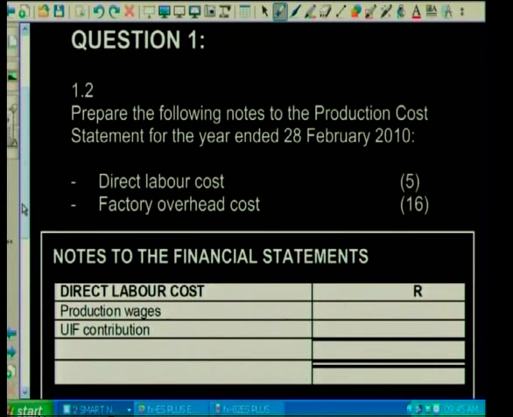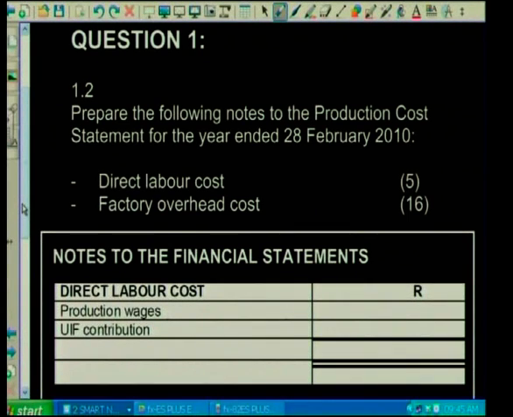In order to calculate our direct labor cost, remember guys, this refers to the wages that were paid to your factory workers, as well as any other expenses relating to the factory workers, such as UIF. You could get even pension fund, even maybe medical aid fund. As long as it relates to the factory worker, it's going to form part of our direct labor cost calculation.